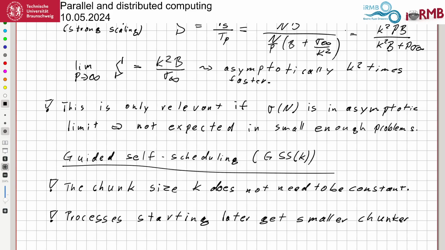And when you finish your work, the new amount of work that you get is smaller than the work that you got previously, because you start your work when others are still working.